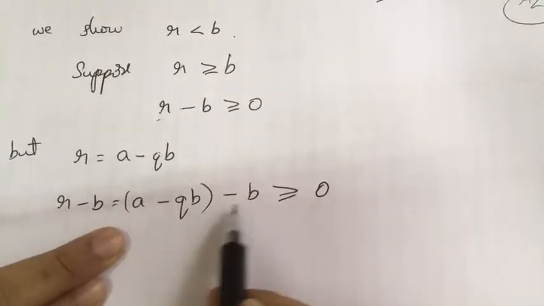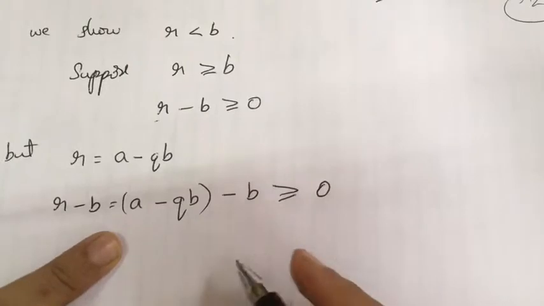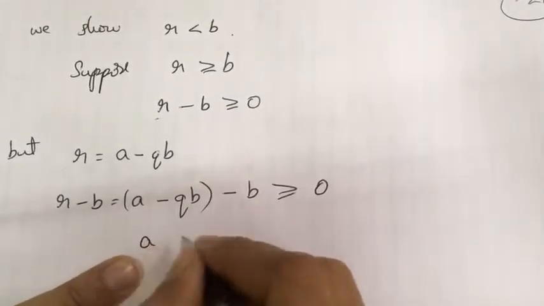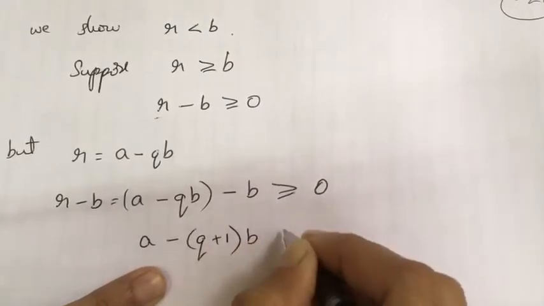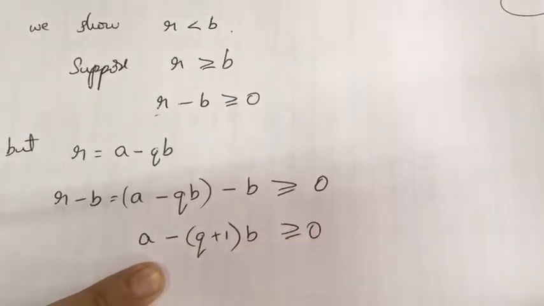So A minus QB minus B is greater than or equal to 0. This is the same as writing A minus (Q plus 1) into B is greater than or equal to 0.